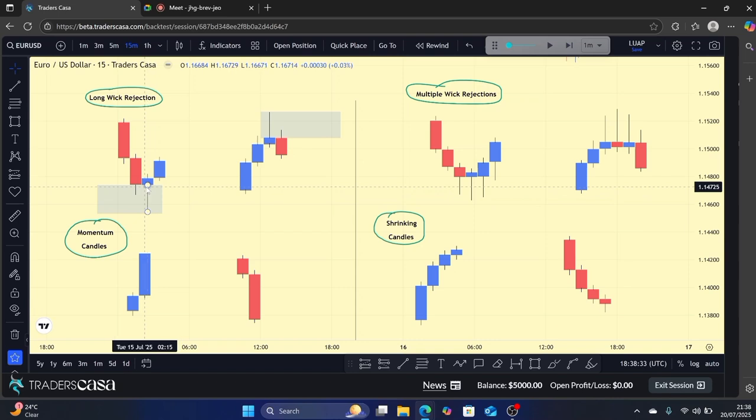You can see this rejection signifying that price is not interested in the low prices and is looking for higher prices. So this signifies some buying pressure, and you can clearly see it closed bullish. This is a very strong rejection because price closed bullish after the buying pressure.